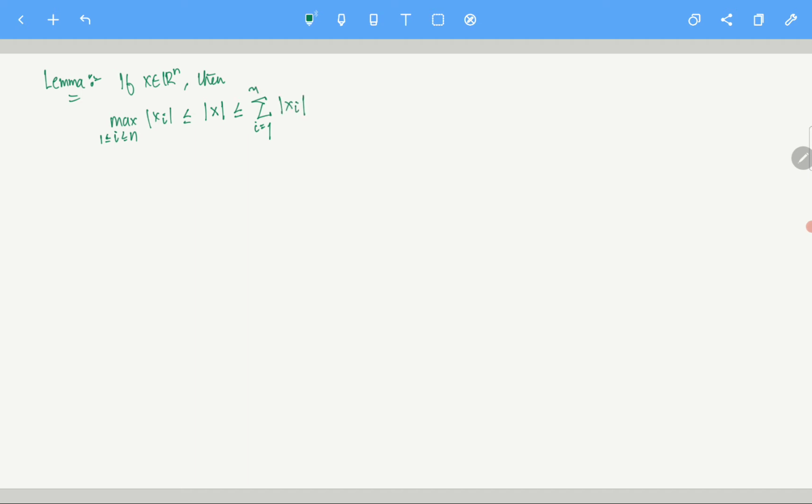Clear? This is always true. If you want to prove it, it is an extremely easy thing to show. Please do it yourself.